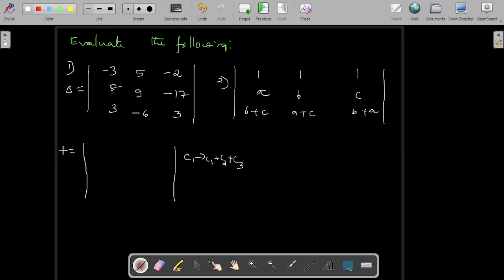That means when you add up all the values to the first column, that is minus 3 plus 5, 2, 2 minus 2, it becomes 0. No change in the second column and no change in the third column. And the value of the determinant remains the same, because using the sixth property, the value of the determinant doesn't change even if you apply this operation.